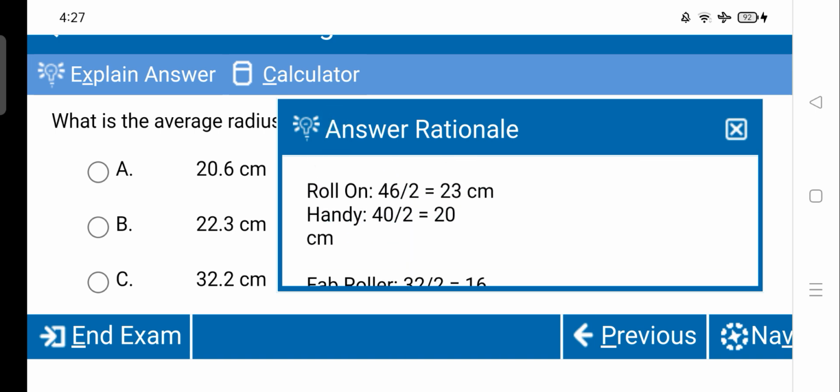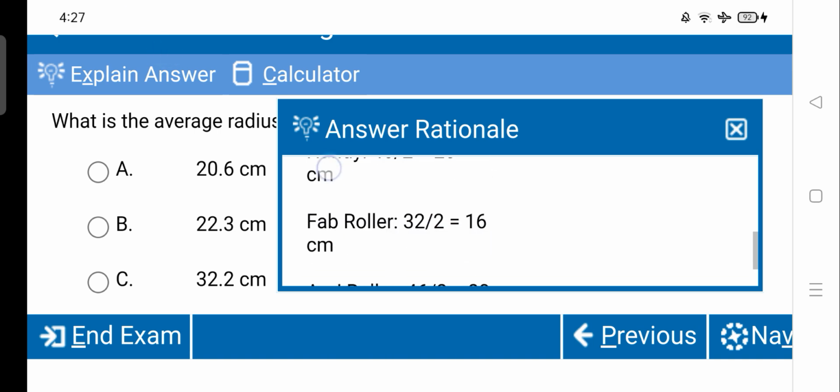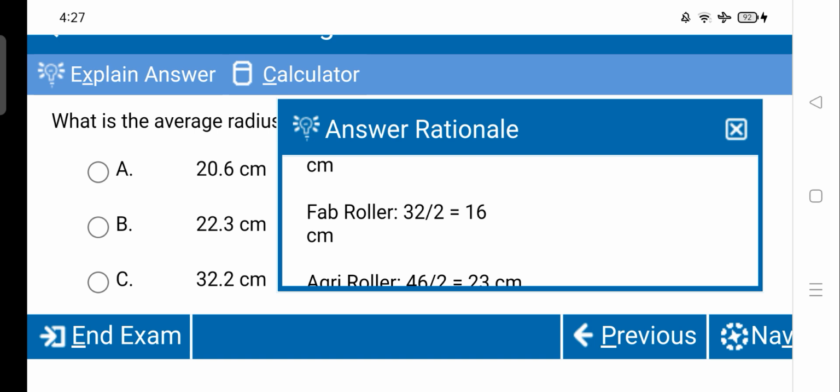Roll On: 46 by 2 equals 23 centimeters. Handy: 40 by 2 equals 20 centimeters. Fab roller: 32 by 2 equals 16 centimeters.